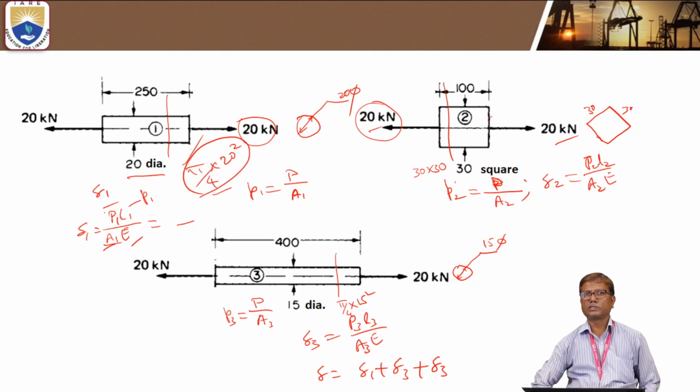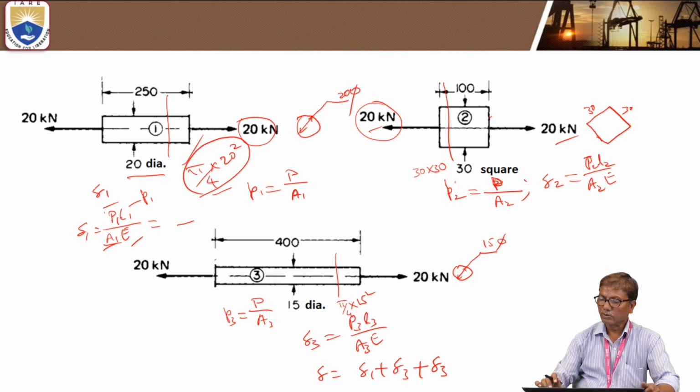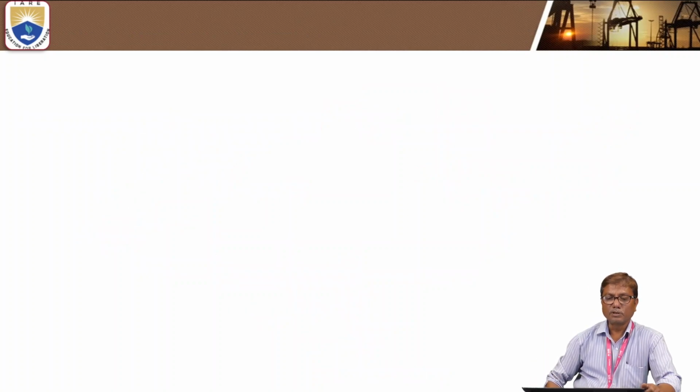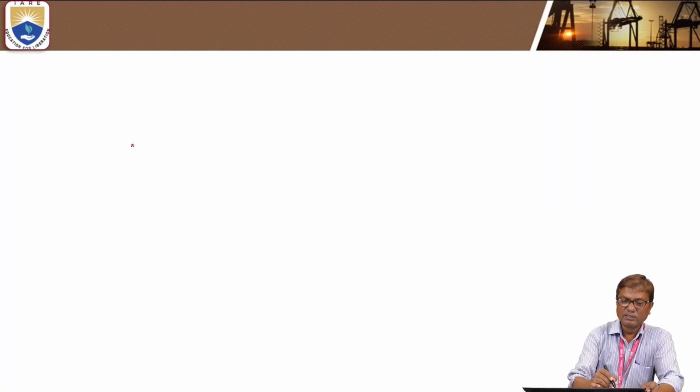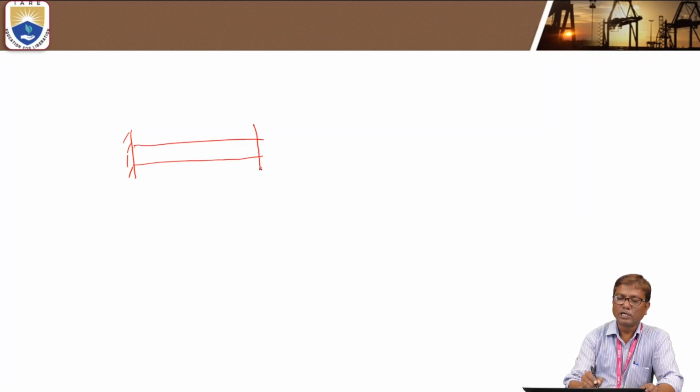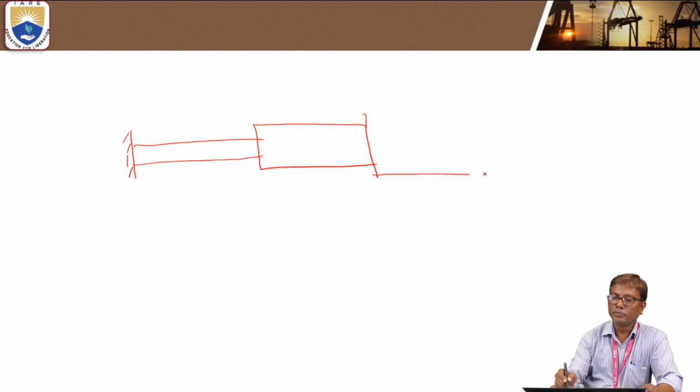We'll take a second example. Here it is something like this, having three different portions, also rigidly connected between the two supports.